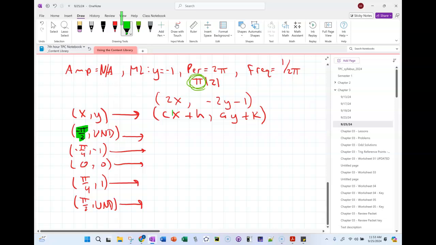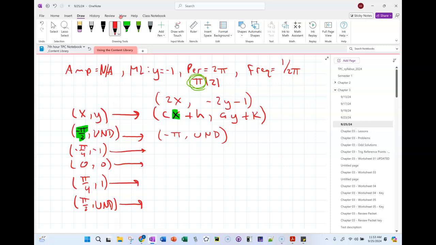So if I take my x and plug it in, 2 times negative pi over 2 is just negative pi. And it doesn't matter what you do to undefined, it stays undefined. So 2 times undefined plus 7 is still just undefined. Whatever you do to it, it just stays that way.